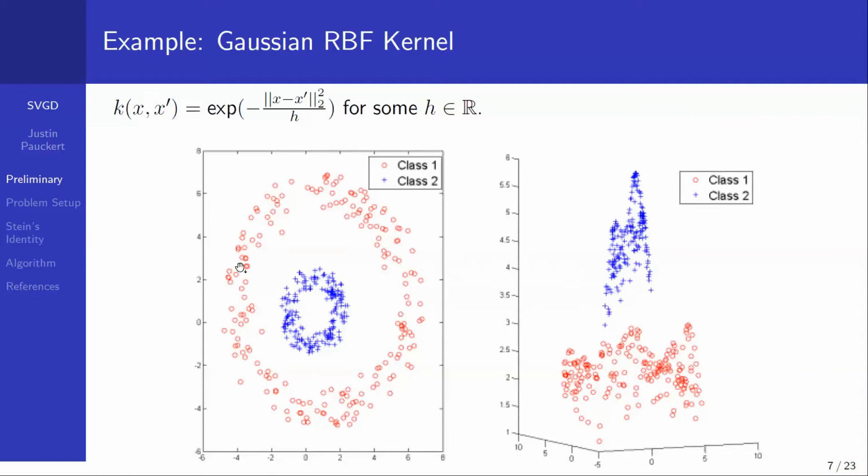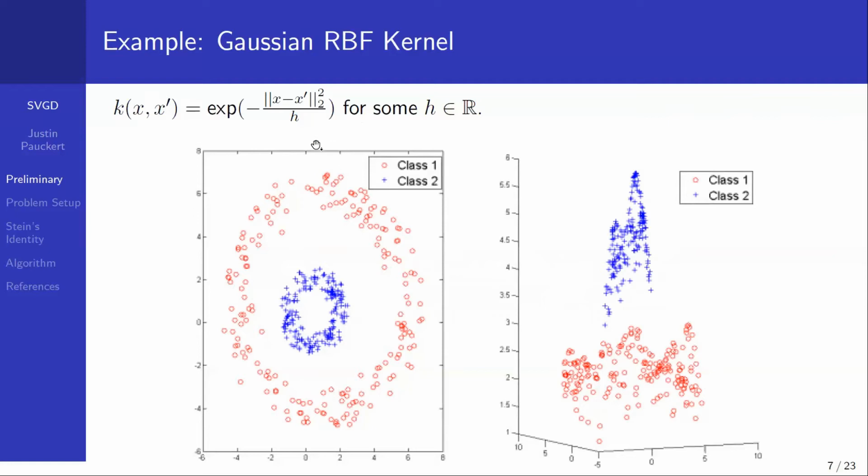If we do that, this is the image we're going to end up with. So this is three-dimensional all of a sudden, and in three-dimensional space, a linear decision boundary would be a hyperplane that we could just draw right here. Then we could say, all right, everything above it is class 2, everything below it is class 1, and we could actually solve this problem in a linear manner.